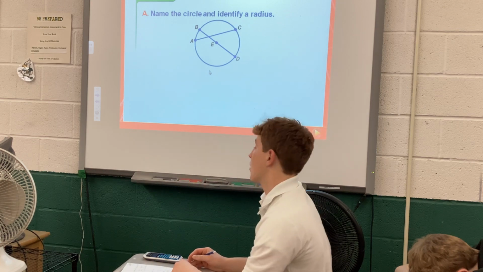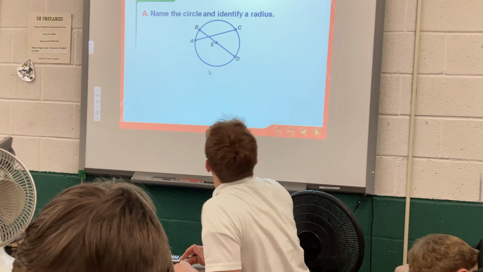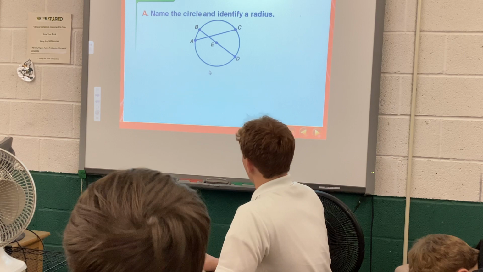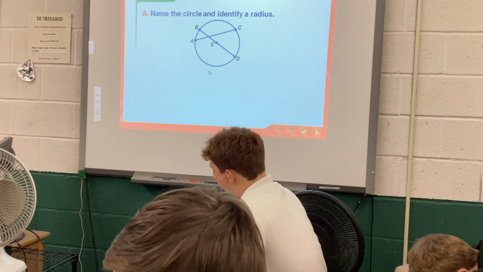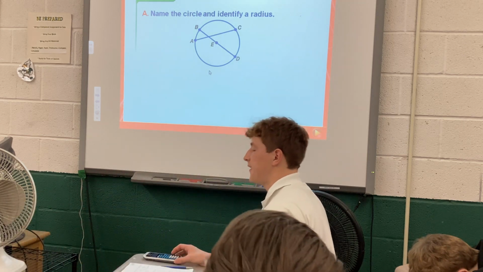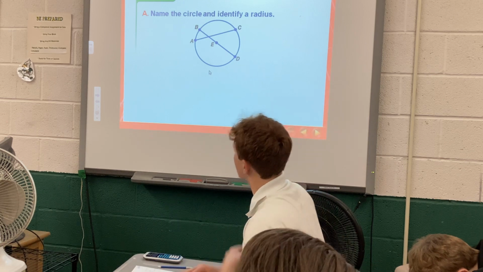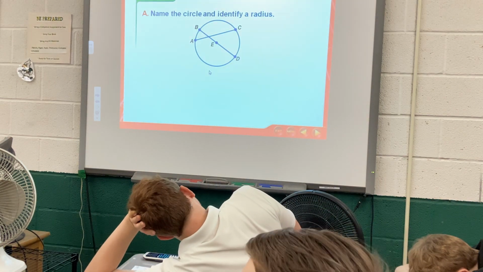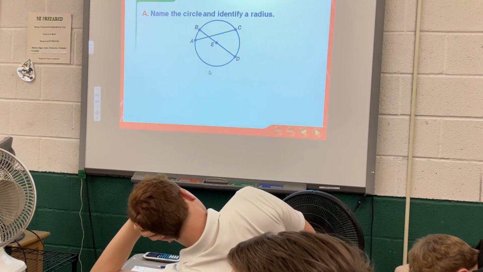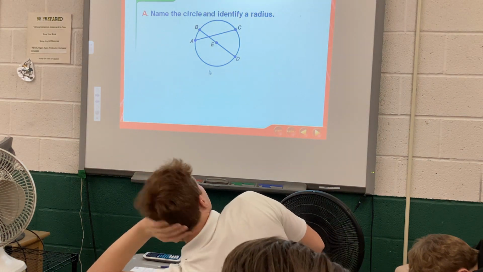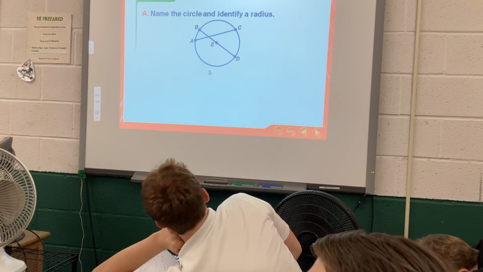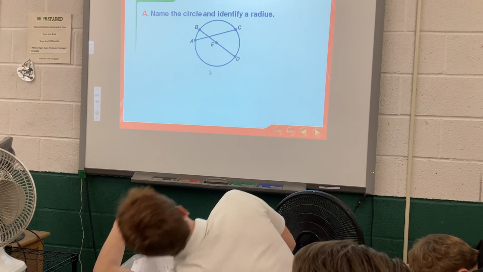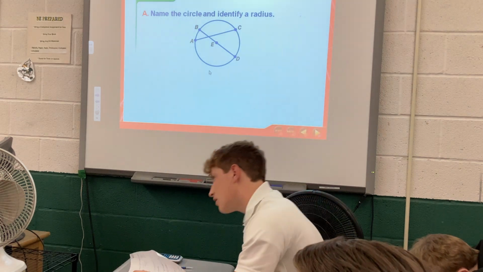Name the circle. Okay? So what are we going to name it? E. Now, don't say this one out loud. How many radii are shown? Now, yes, you could say an infinite number because that's what we said earlier. But how many radii are actually shown? Just 2, right? And we would name them what? BE or ED.